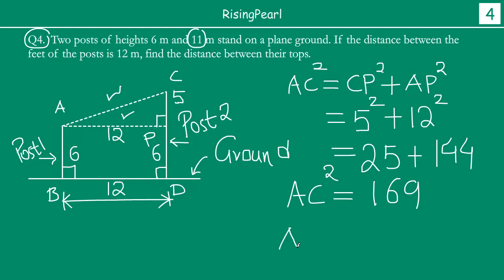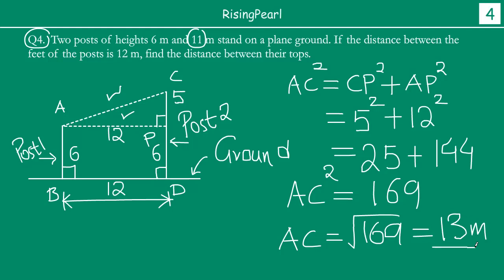Taking square root on both sides, you will get AC is equal to square root of 169, which is going to be 13. So AC is 13 meters. That is, the distance between the two tops is 13 meters.